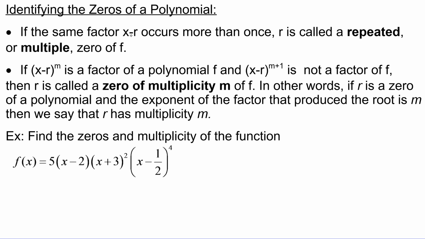So here I have an example, and thankfully it's already factored for us. And that's actually a common way of writing our polynomial functions because they are not the easiest things to factor. So if we can be given our polynomial function in the factored form, it really helps. We don't have to go through that work of factoring it.